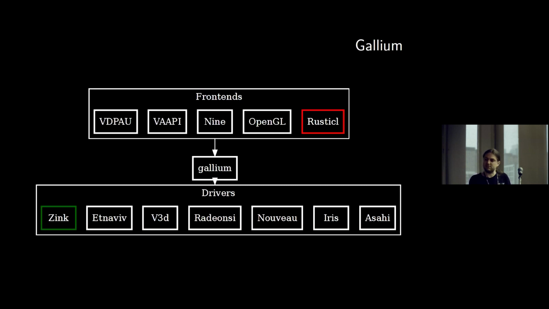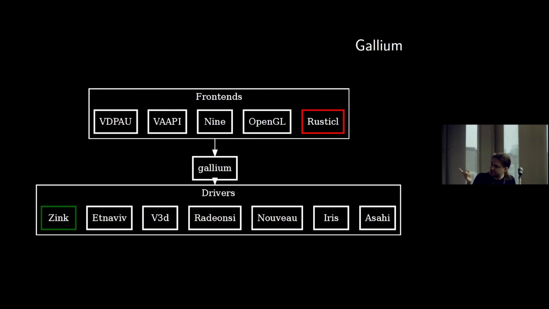Nine is a DirectX 9 implementation, and Rusticl is OpenCL, and through the Gallium API we are able to target a lot of different drivers. The drivers in question are Zink, which is for Vulkan, and Etnaviv for the Vivante GPUs, and a couple of others. It's already a wide range of GPUs that are supported, or the work is in progress.